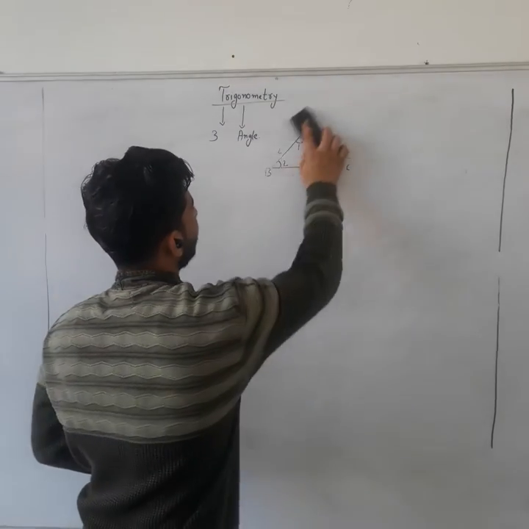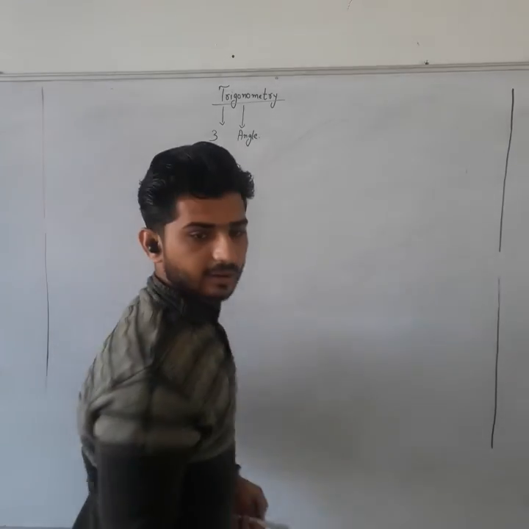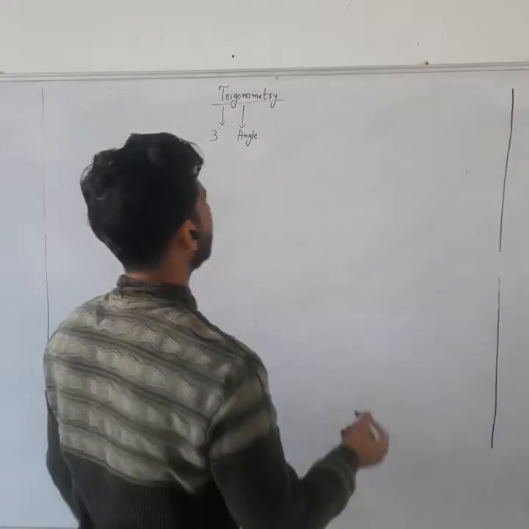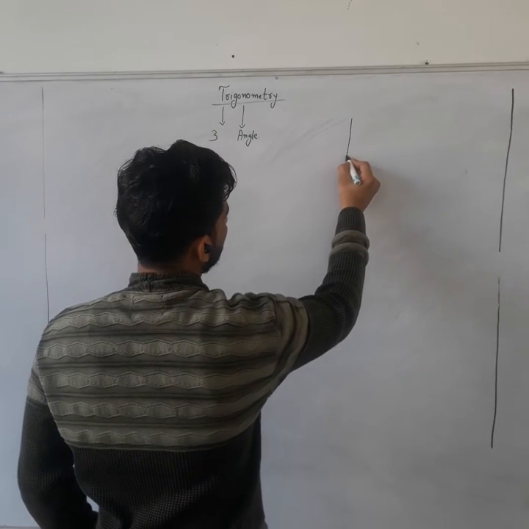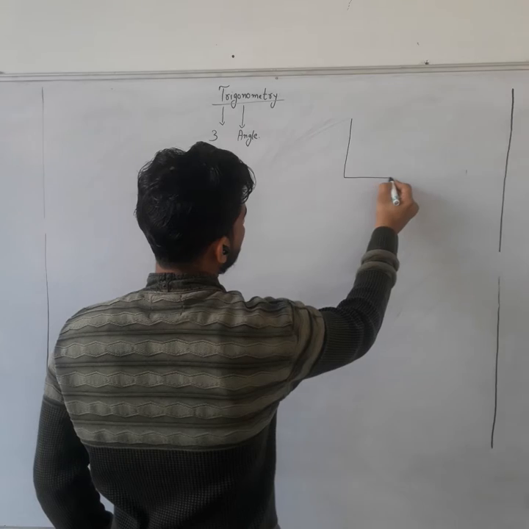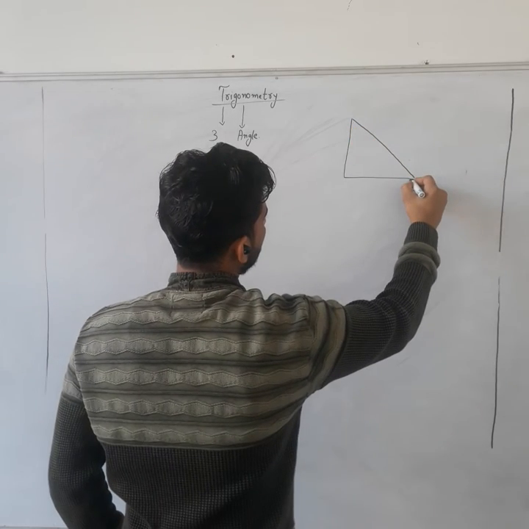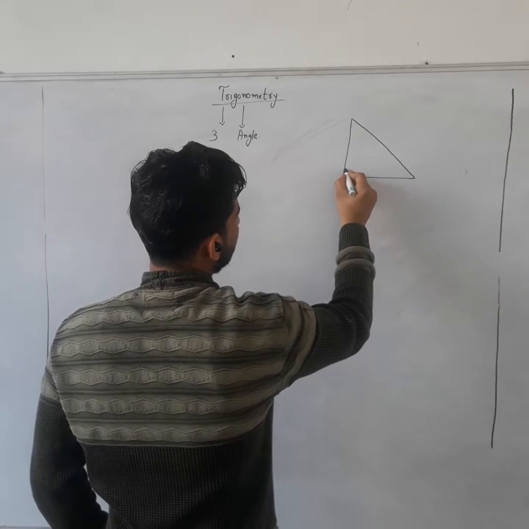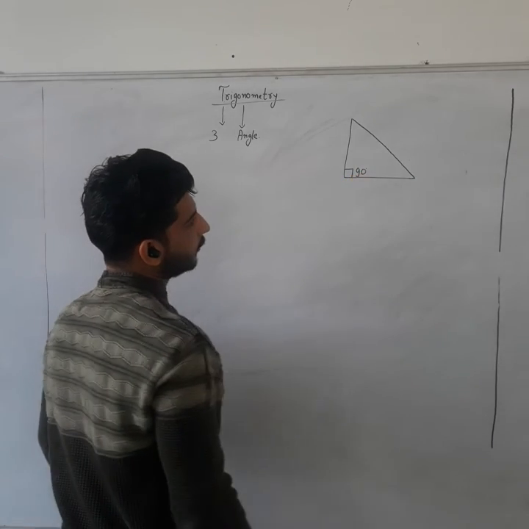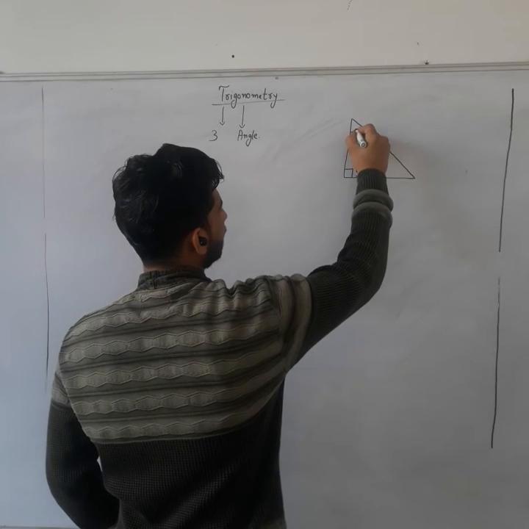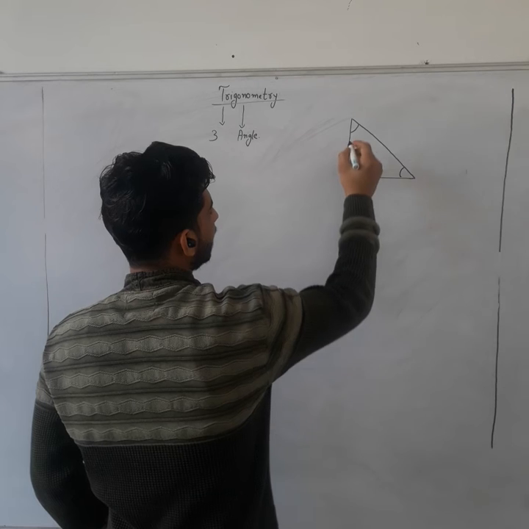But if we want to use trigonometry, we need a triangle that is named a right angle triangle. So what is a right angle triangle? A right angle triangle is a triangle in which one angle is equal to 90 degrees. There is an angle equal to 90 degrees, and the other two angles, this one and this one, are the acute angles.